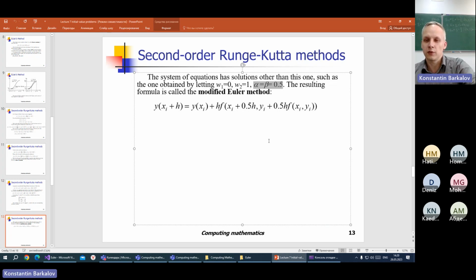Let me write this formula on a board again and discuss some features of implementation.